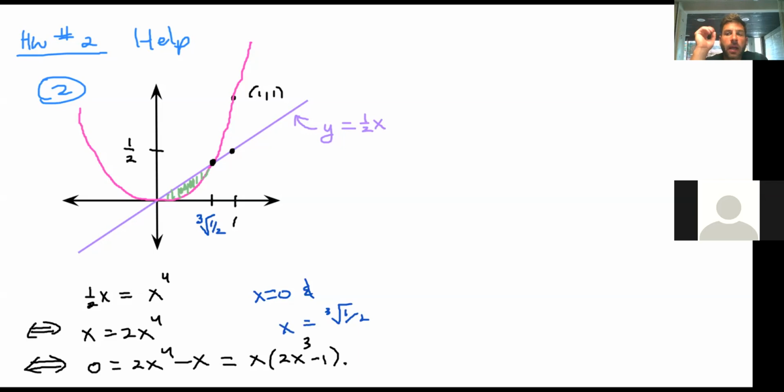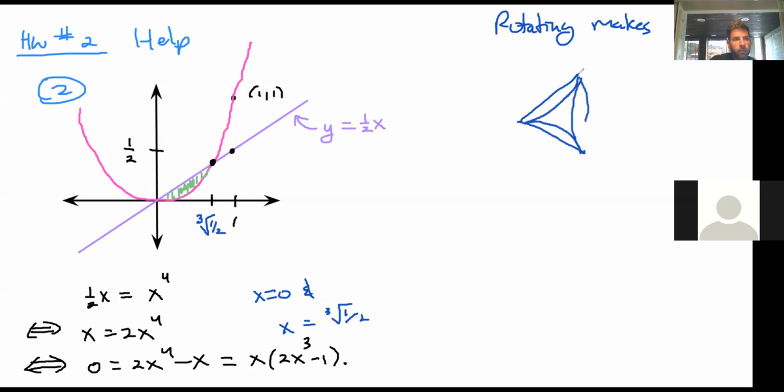So once you figure this region out, the next thing you ask yourself is, what happens when I rotate it? Well, when I rotate it, it makes sort of like this little horn or sort of flower-like thing.